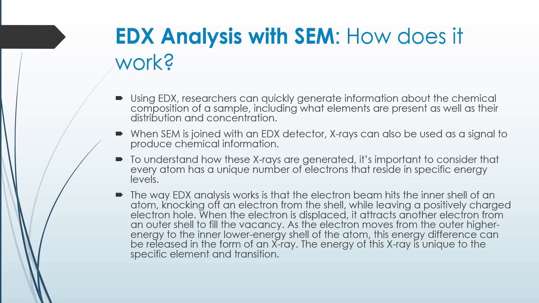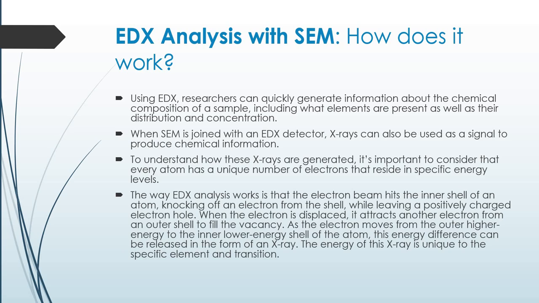Yet, when SEM is joined with an EDX detector, X-rays can also be used as a signal to produce chemical information. To understand how these X-rays are generated, it's important to consider that every atom has a unique number of electrons that reside in specific energy levels. Under normal conditions, these positions belong to certain shells which have different discrete energies.